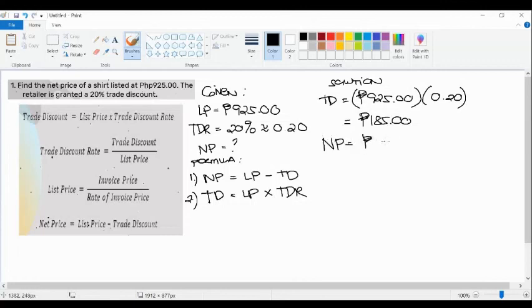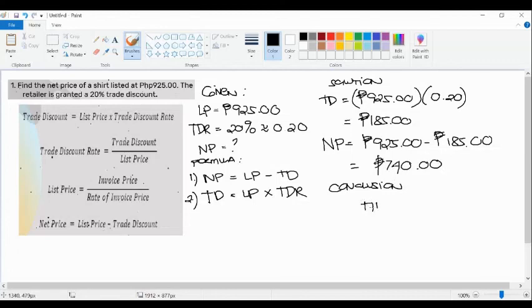That is list price which is 925 pesos minus your trade discount of 185 pesos. So your net price would be equal to 740 pesos. Therefore, the net price of a shirt is 740 pesos.